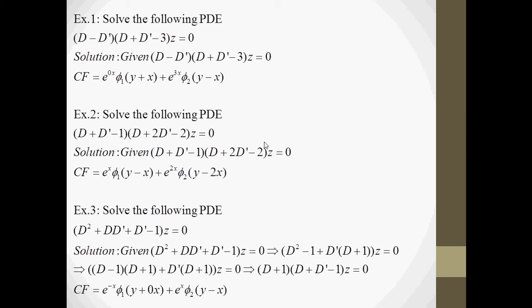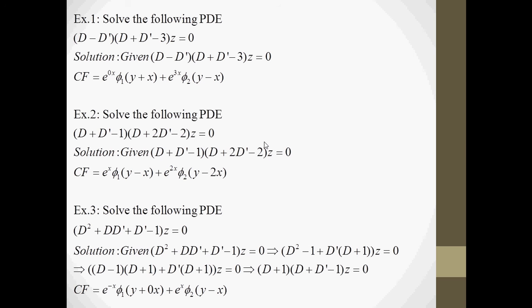We take -1 with D^2, and take D' common: (D^2 - 1) + D'(D + 1)z = 0, and D^2 - 1 is equal to (D + 1)(D - 1). So it is equal to (D - 1)(D + 1) + D'(D + 1). We take (D + 1) as common. We get the other factor as (D + D' - 1)z = 0.